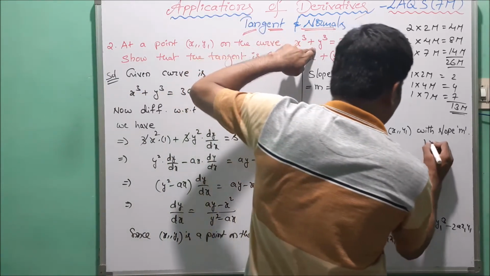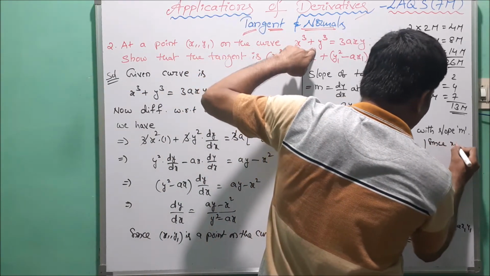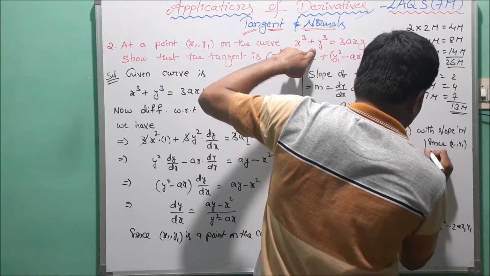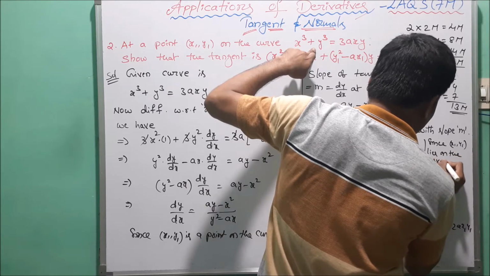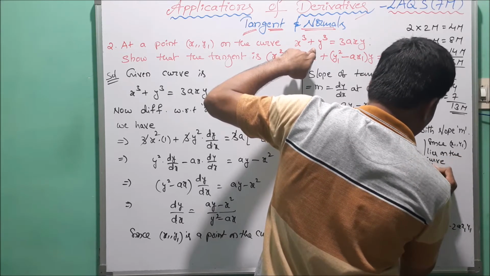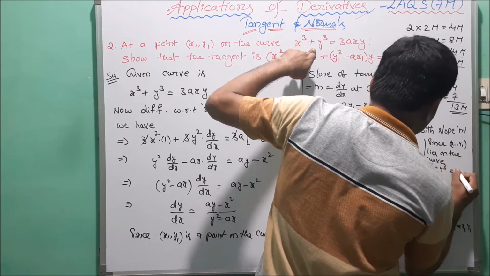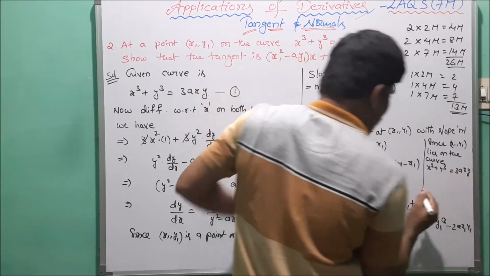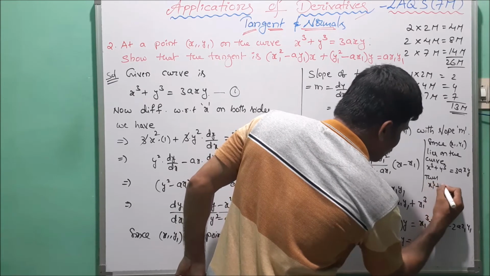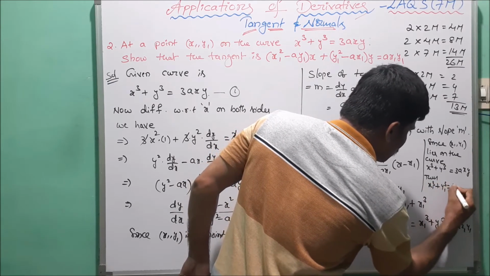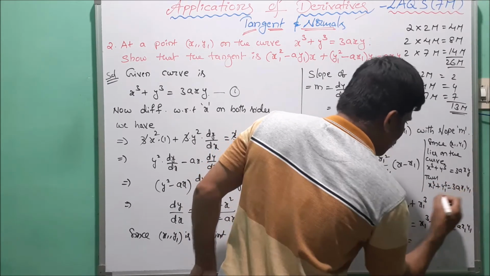Here we write, since x1 y1 lies on the curve x cube plus y cube equal to 3axy, then we write x1 cube plus y1 cube equal to 3a x1 y1.